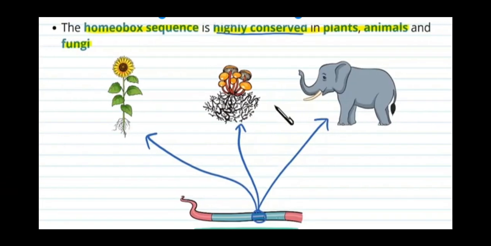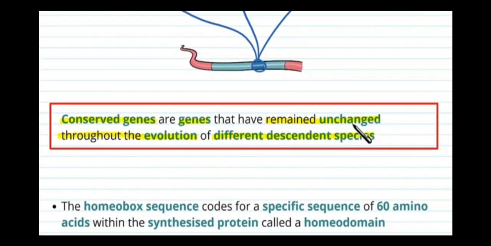The homeobox sequence is a highly conserved sequence. It is present in plants, animals, and various life forms. The conserved genes are the genes that have remained unchanged throughout the evolution of different descendant species.